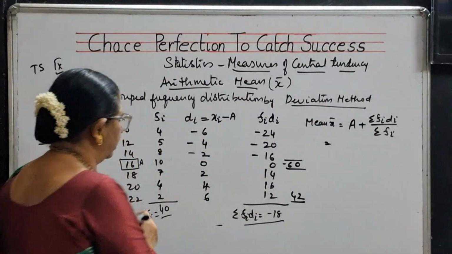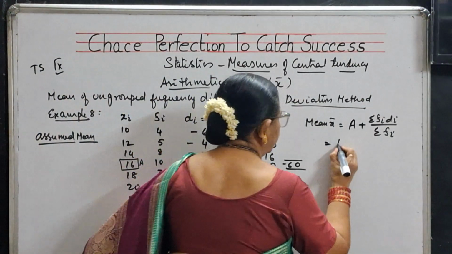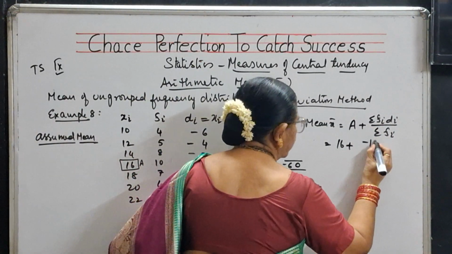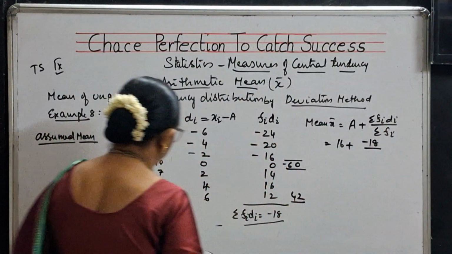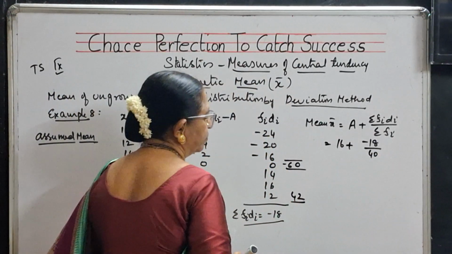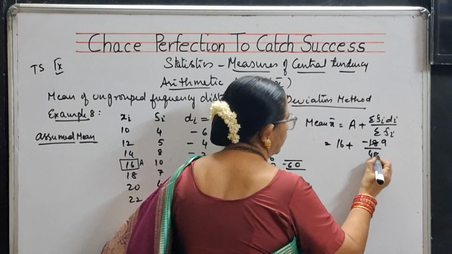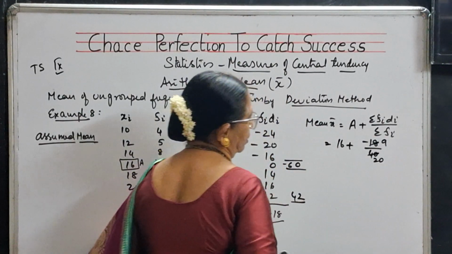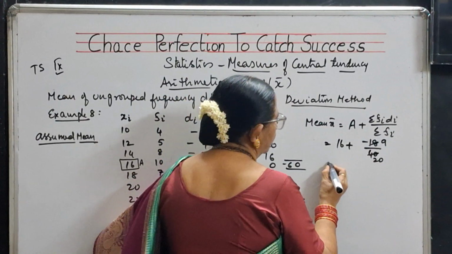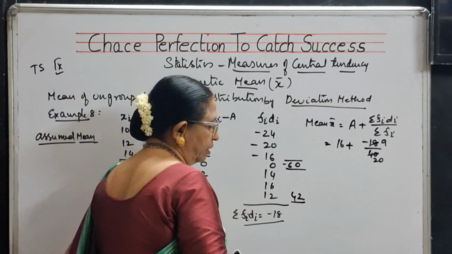We have written here, the assumed mean is 16. So you will write 16 plus sigma fi di, which is minus 18, by sigma fi, which is 40. 2 9s are 18, 2 20s are 40. Okay, you cannot do it further. So you are getting 16 minus 9 by 20.